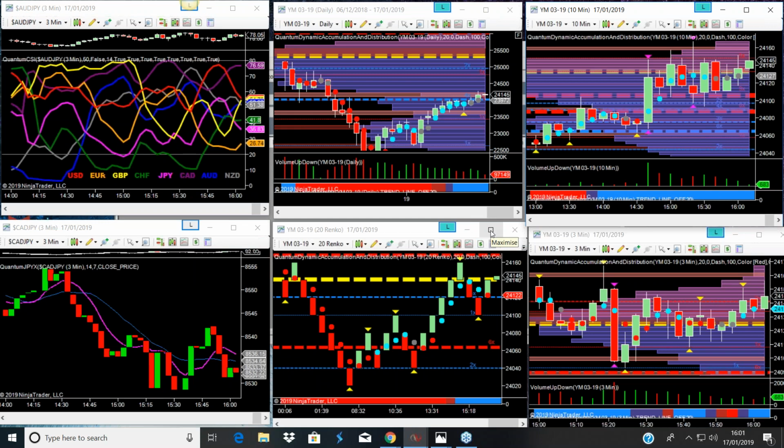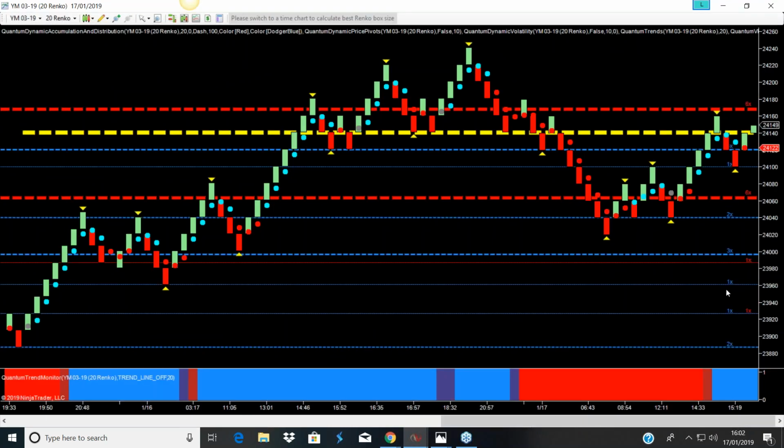If we're going to be in a narrow range and you still want the opportunity to take some points, you really have to look at time charts in conjunction with some kind of non-time based charts. David has tick and Renko.